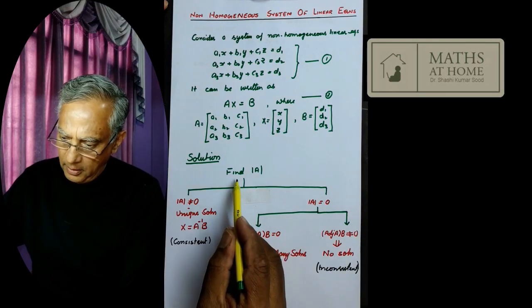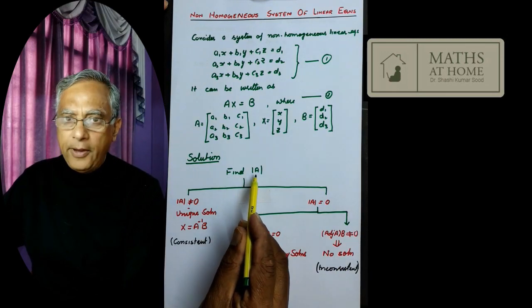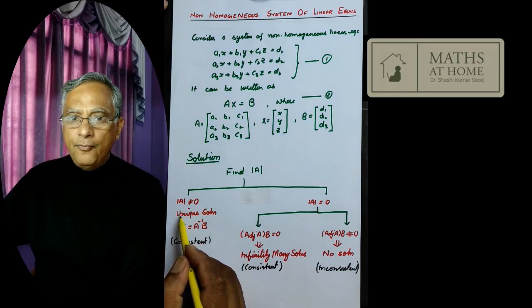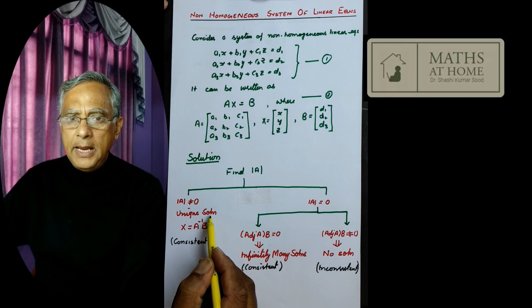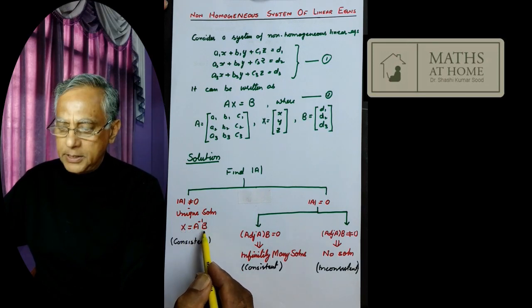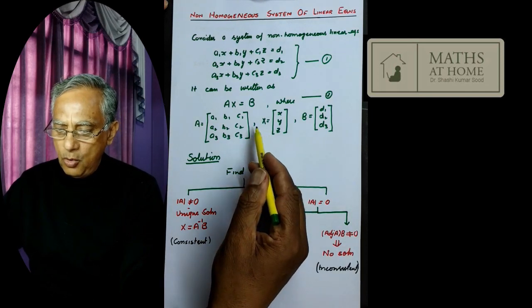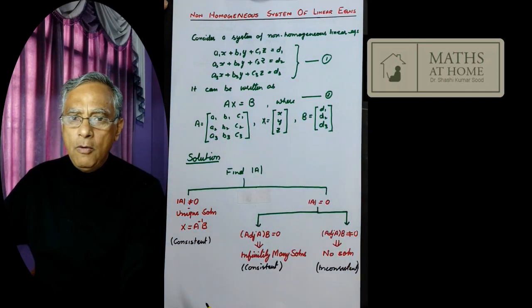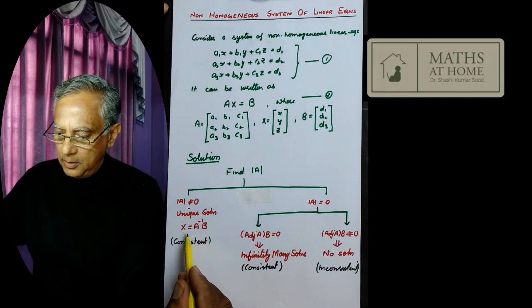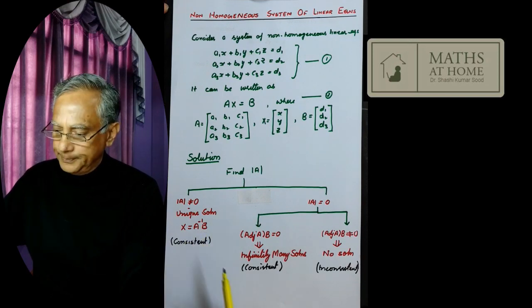Therefore, we find the determinant of A, and if it comes out to be non-zero, then the system will have a unique solution, and that solution is given by X equal to A inverse B. We will find A inverse and multiply it with B to get the solution.